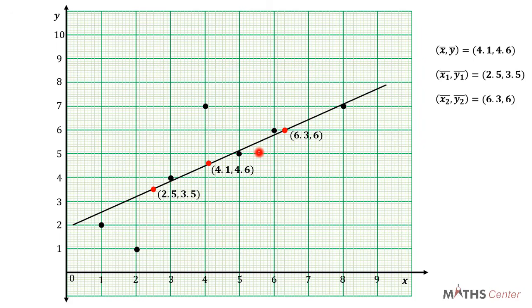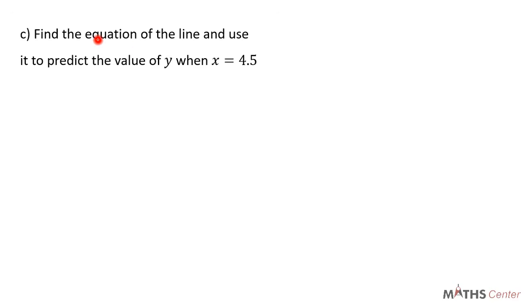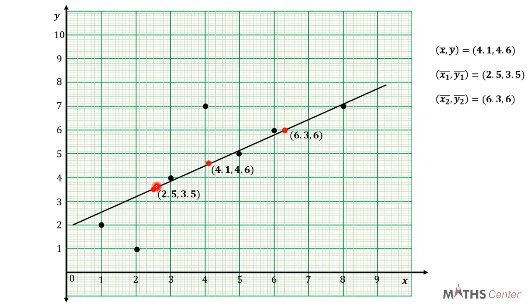Let's consider the next part of the question. It says that find the equation of the line and use it to predict the value of y when x is equal to 4.5. To find the equation of the line, we will need the gradient of the line and the coordinates of at least one point that fall on the line. On our graph, we can see that 3 points fall on the line.